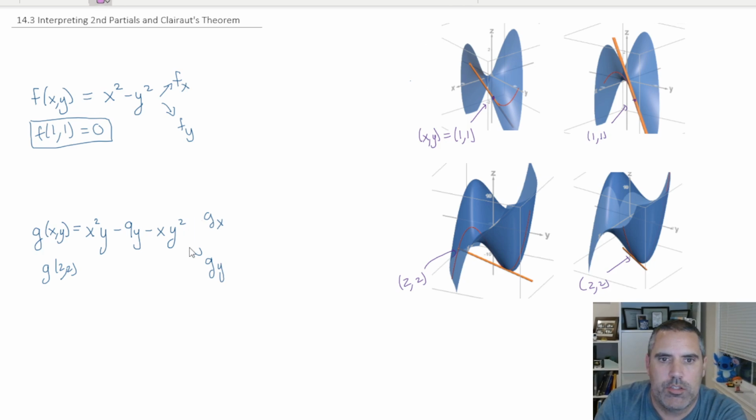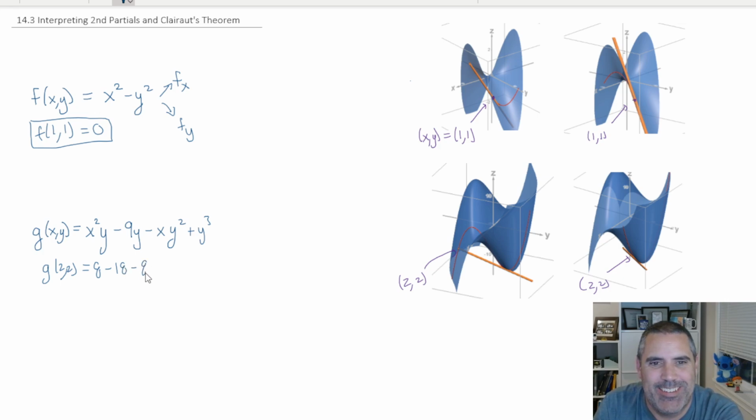Oh, and I forgot I changed my function slightly, so let me make a slight adjustment. This is plus y cubed. So you'd compute whatever this is. 8 minus, I didn't intend to do this. This is probably a mistake. I'm writing this out. 8 plus 8. 8's cancel, negative 10. So that right there is at negative 10.